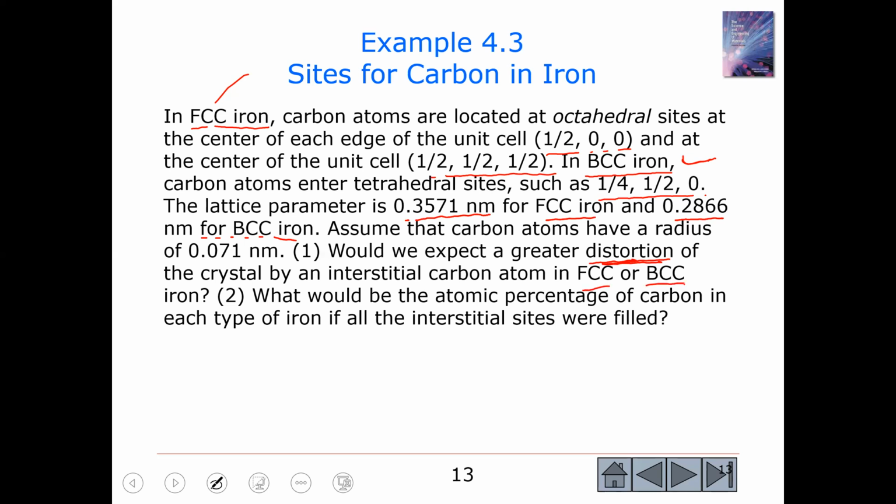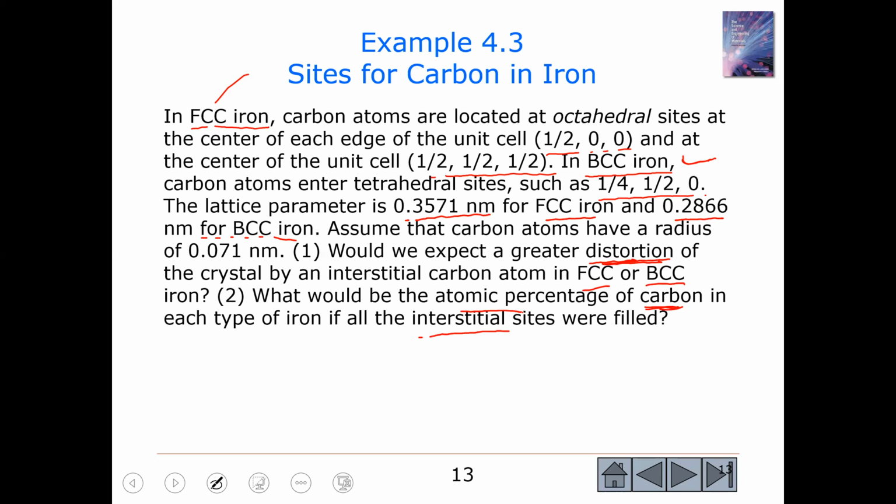What would be the atomic percentage of carbon in each type of iron if all the interstitial sites were filled? If all the empty spaces between lattice sites were filled, how much carbon in terms of atomic percentage can we add to the iron in BCC form and in FCC form?